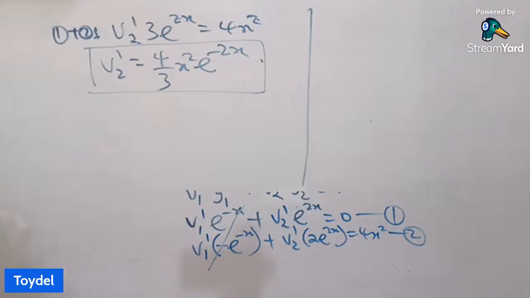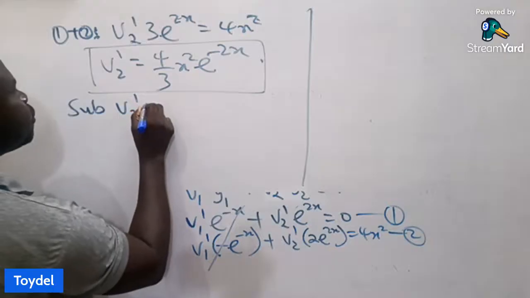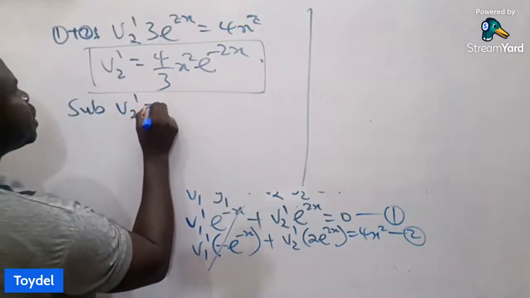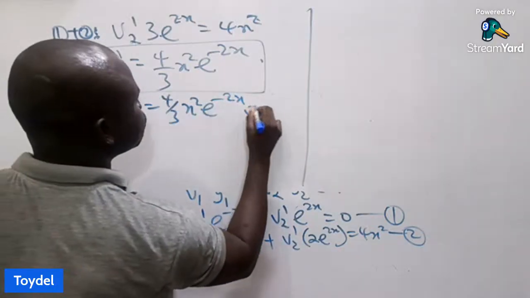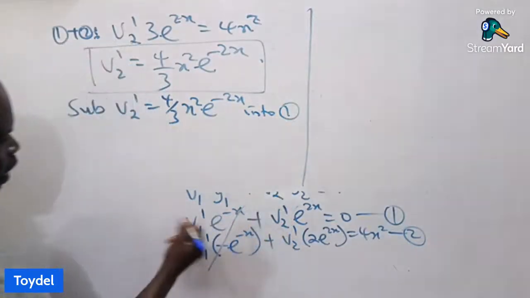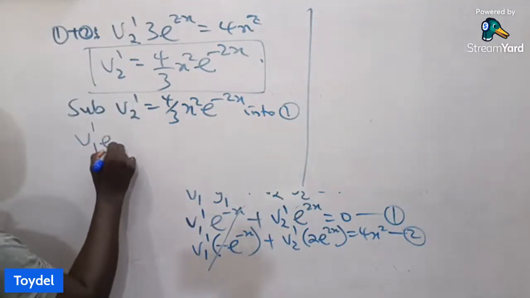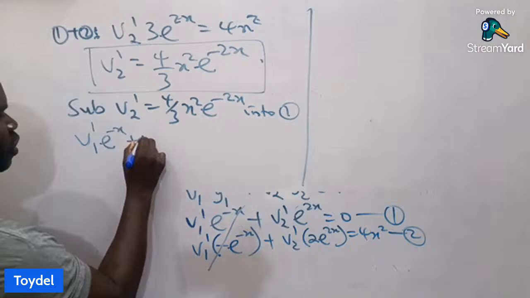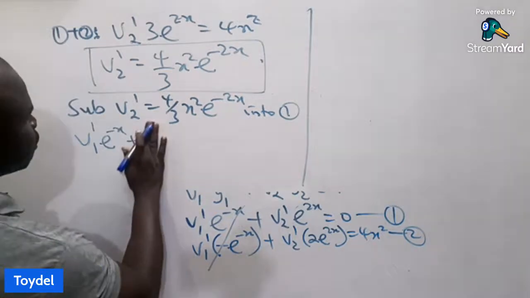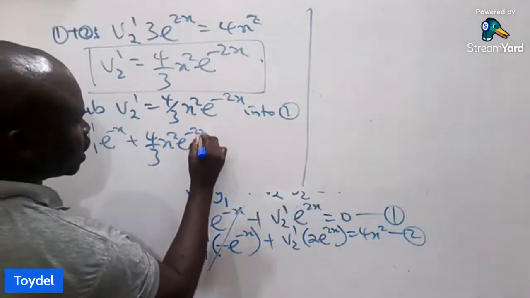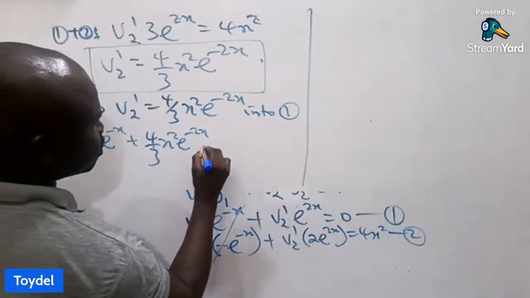So let's go ahead and find the value of v1 prime. We substitute the value of v2 prime, which is 4 over 3 x squared exponential minus 2x, into equation 1. What is equation 1? We have v1 prime exponential minus x plus v2 prime, substituting the value 4 over 3 x squared exponential minus 2x, multiplied by exponential 2x, is equal to 0.